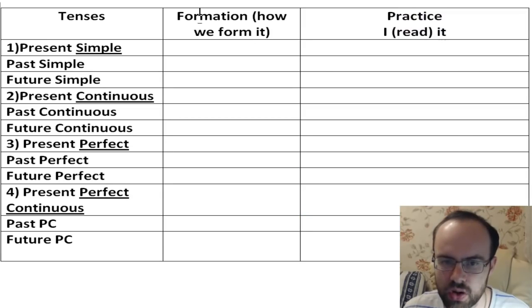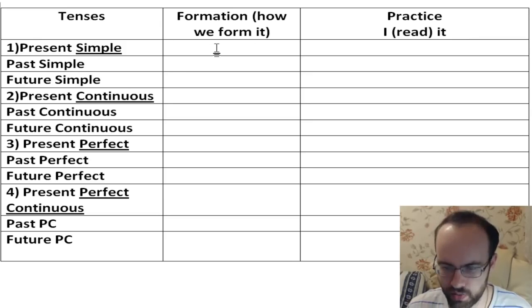You need to know the formation of these tenses, how we form them, and you need to practice, lots of practice. It's a very important exercise. Not just very, it's an extremely important exercise, and we can't ignore it. So let's do it. We start with present simple.